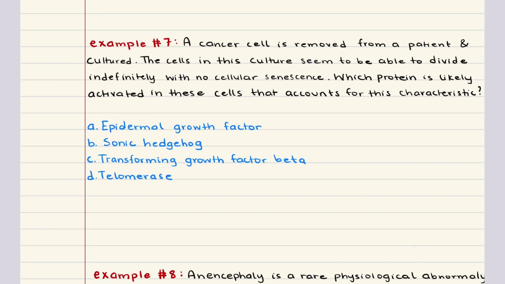Telomerase adds repetitive nucleotide sequences to the ends of chromosomes, essentially rebuilding the telomeres and allowing the cell to keep dividing without limit. This enzyme is typically inactive in most adult somatic cells, but it is highly active in many cancer cells, which contributes to their indefinite division. So the correct answer here is D.